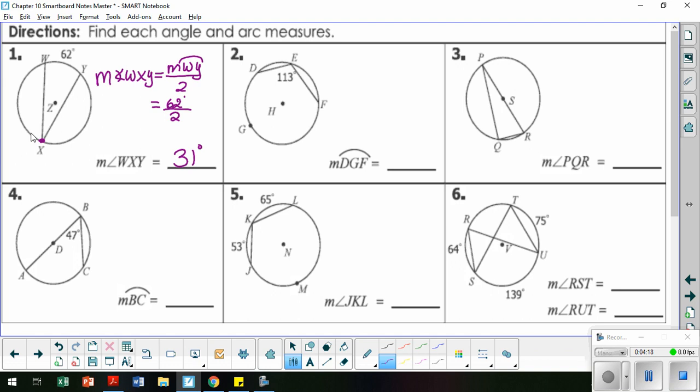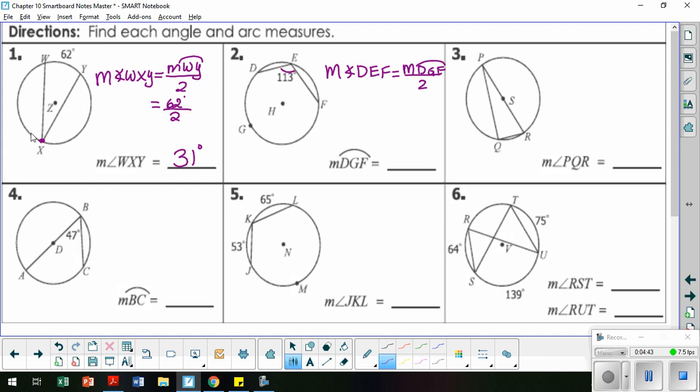Now, if it gives us the angle, so we get the angle right here, we know that the measure of angle DEF is going to equal half the measure of the arc DGF.